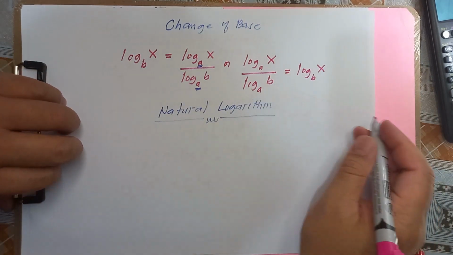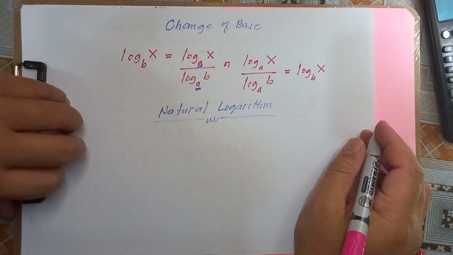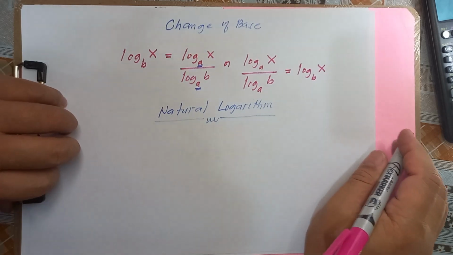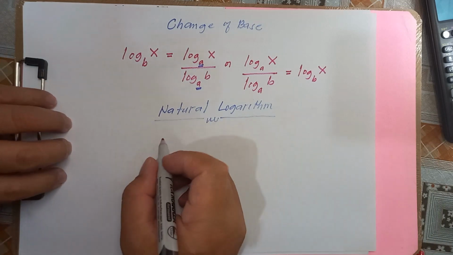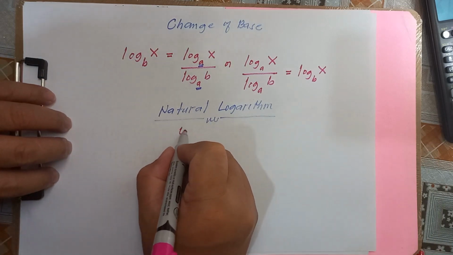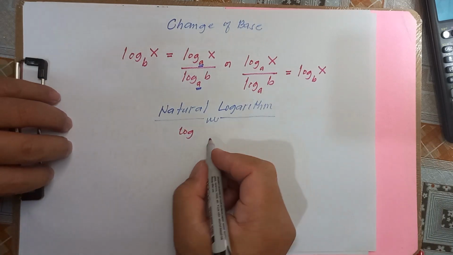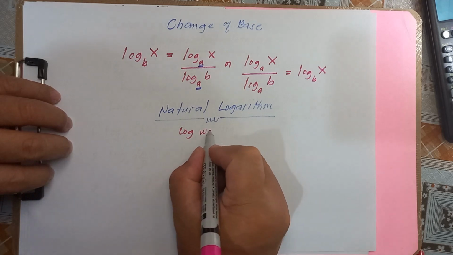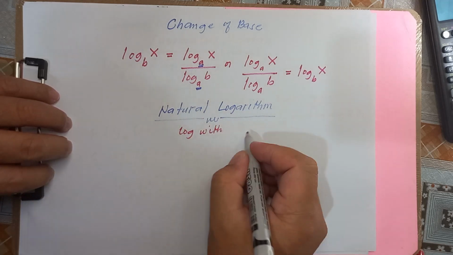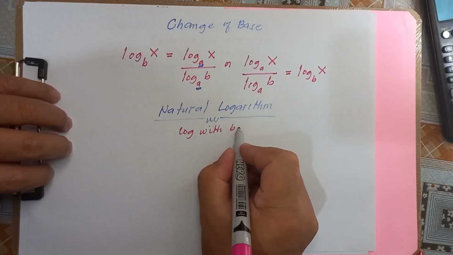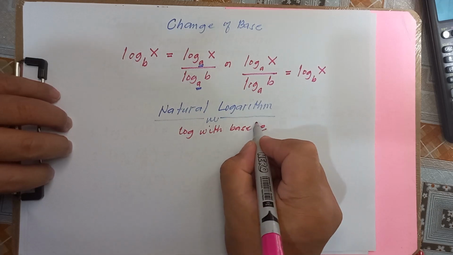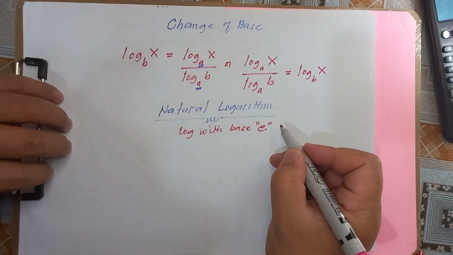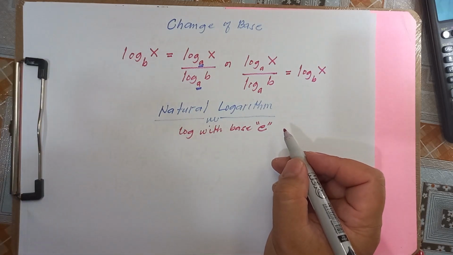Another one in here is the natural logarithm. What do we mean by that? When we say natural logarithm, it is actually a logarithm with base e. What is e? It is actually Euler's number.